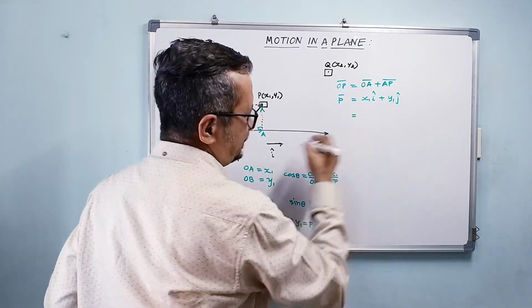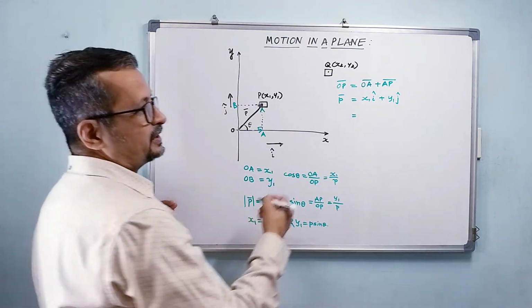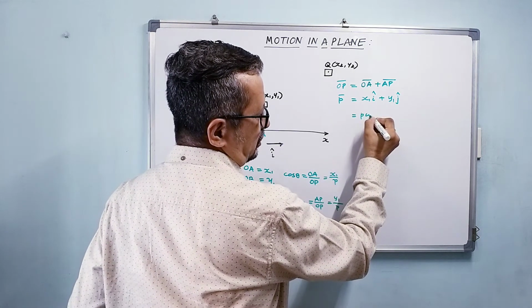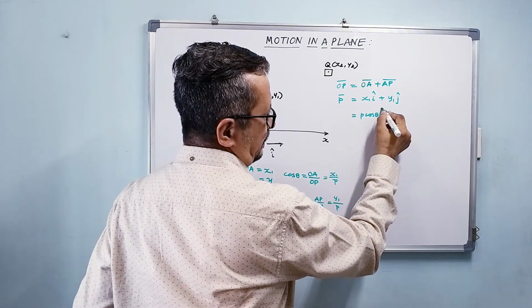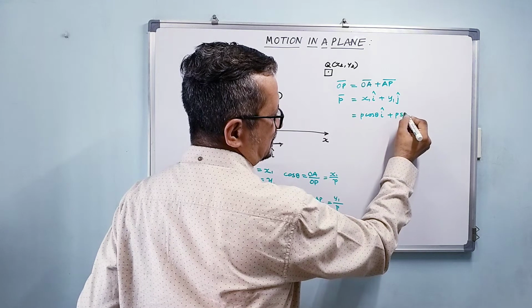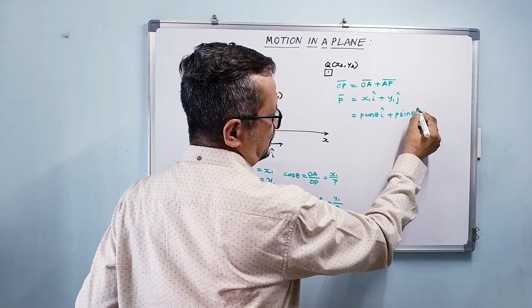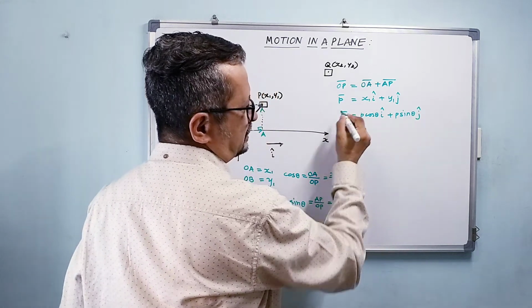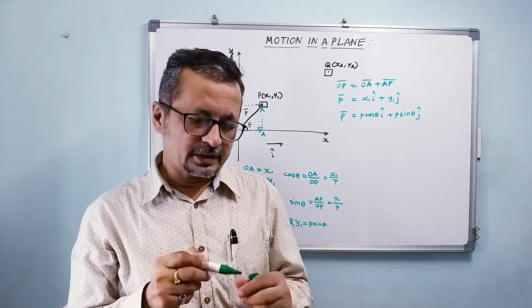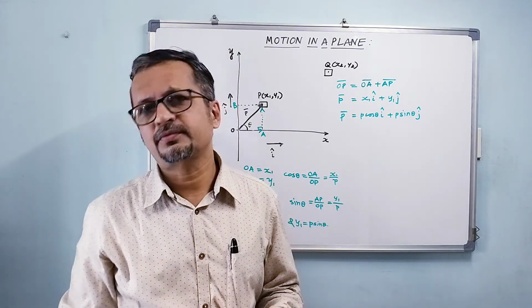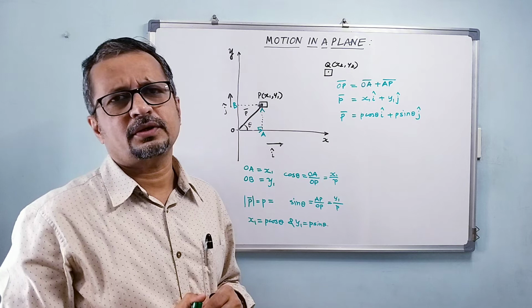And then your x1 is p cos theta, so it is p cos theta i cap plus p sin theta j cap. So this is your general vector equation for position of a given point over here.